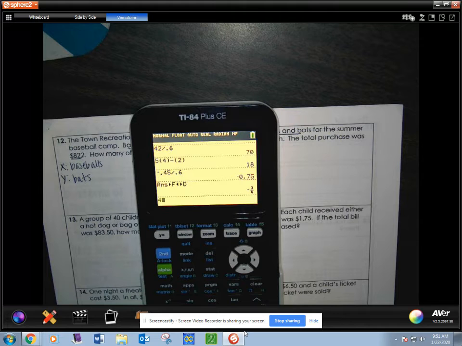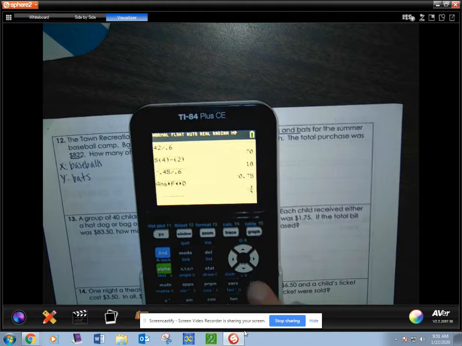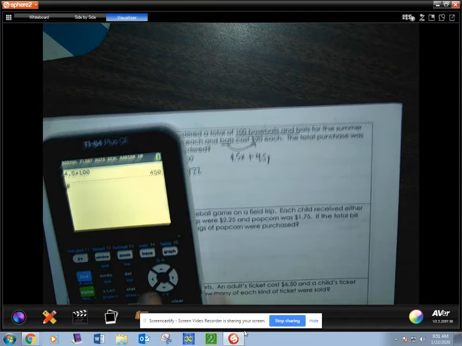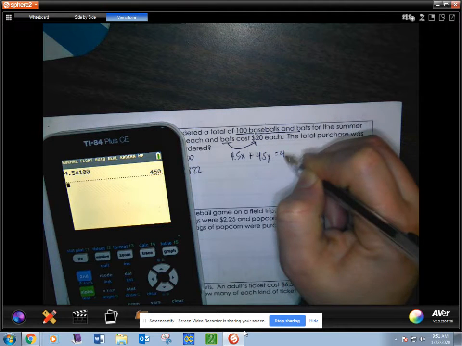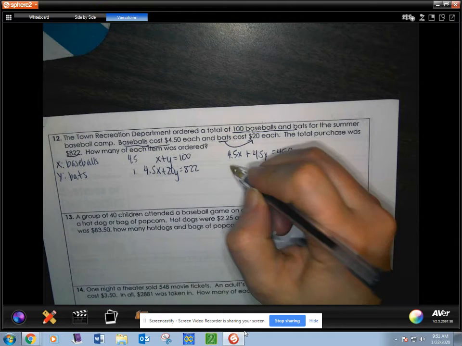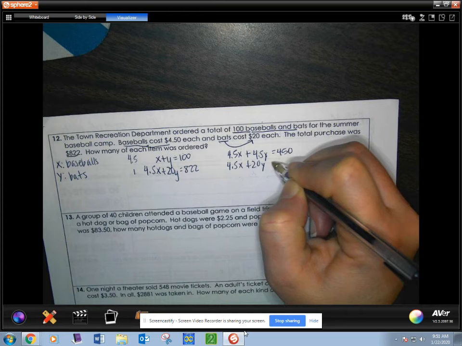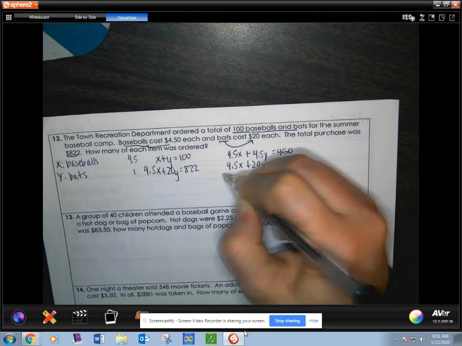And 4.5 times 100, if you need your calculator, will give you 450. Now for the bottom equation, you're just multiplying everything by 1, so you get 4.5x plus 20y equals 822.